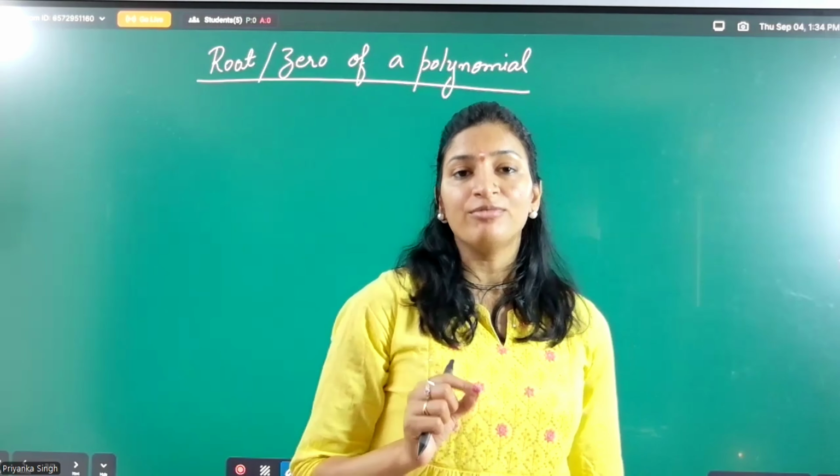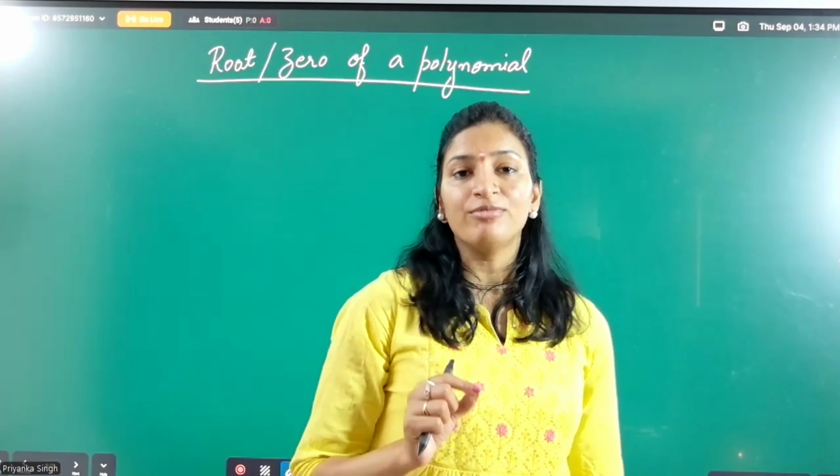A zero or root of a polynomial is a number R such that your PR is equal to 0.